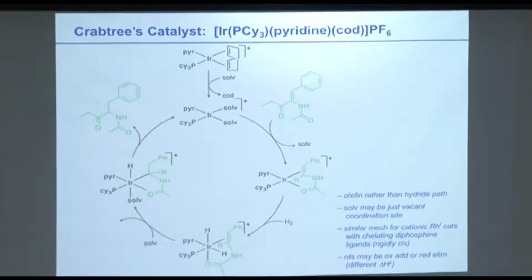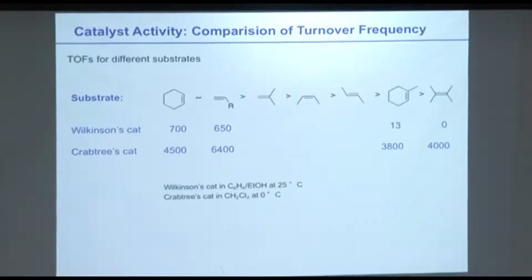This has significant consequences, because if you look at the scope of the catalyst, you'd see that Wilkinson's catalyst is not coping with sterically hindered olefins. Trans olefins are not that great. Tri- and tetra-substituted olefins are essentially not converted.